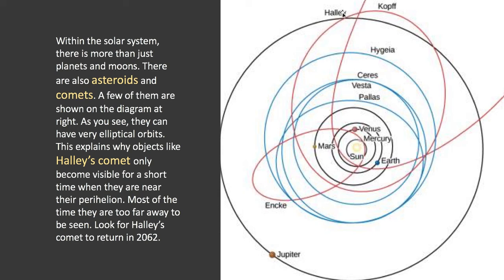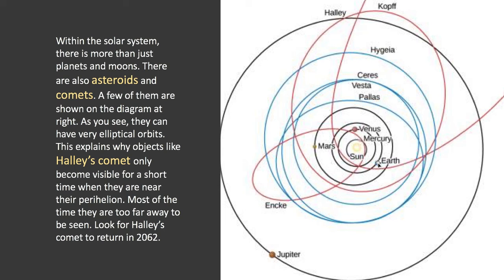The diagram's a little bit confusing. Halley's Comet's orbit is actually this one. So it passes in here, kind of intersecting with Venus's orbit. It might pass this close to the Earth. I don't know where Earth will be along its trajectory.